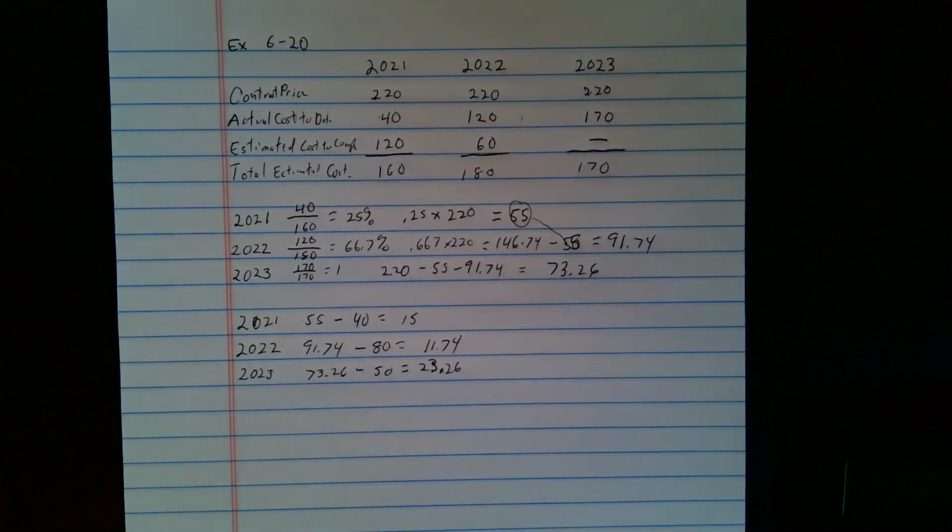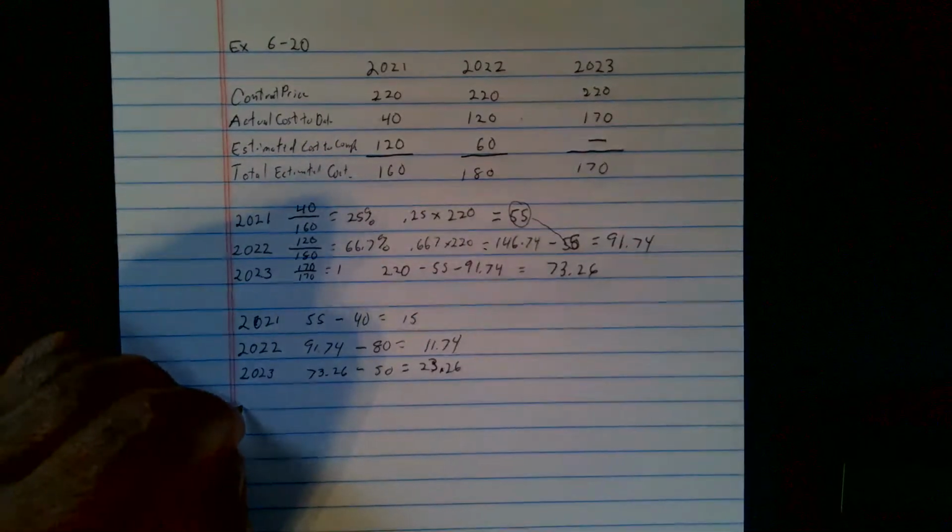In 2022, we'll recognize 0 revenue and 0 gross profit. And then in 2023, we will recognize all the revenue, 220, and we will recognize all the gross profit, which is 220 minus the 170 total cost, or $50 million. So that's easy on the requirement number 2.